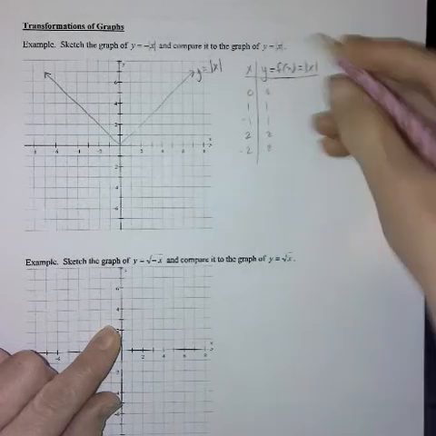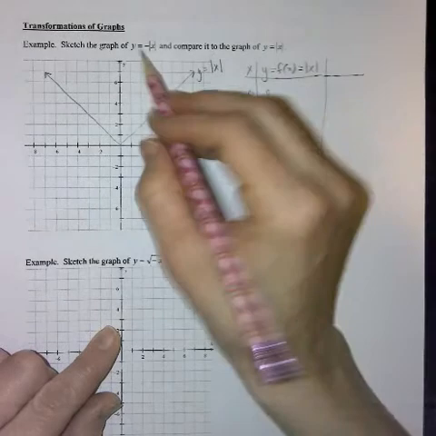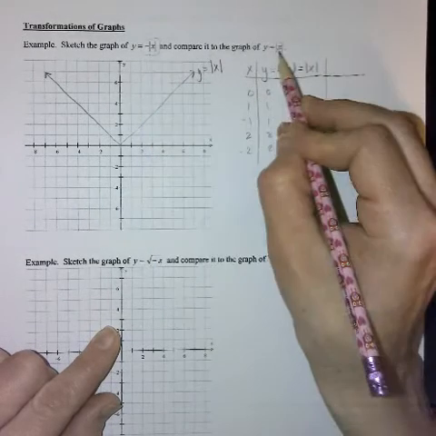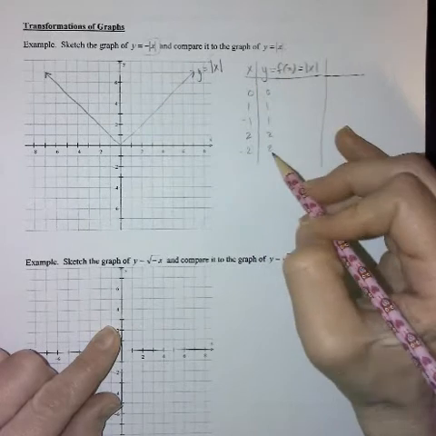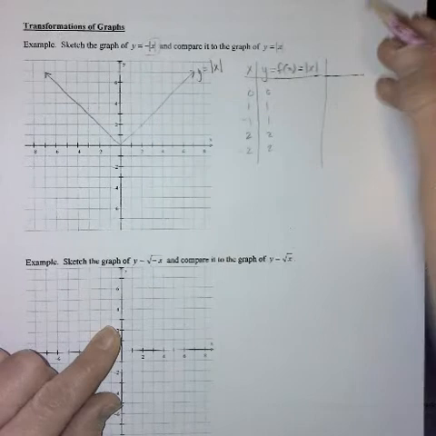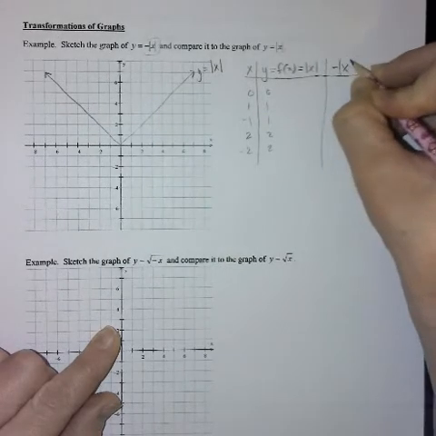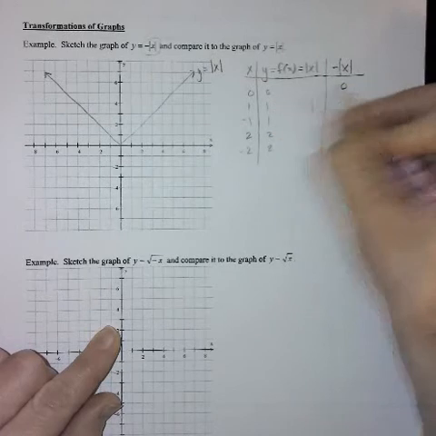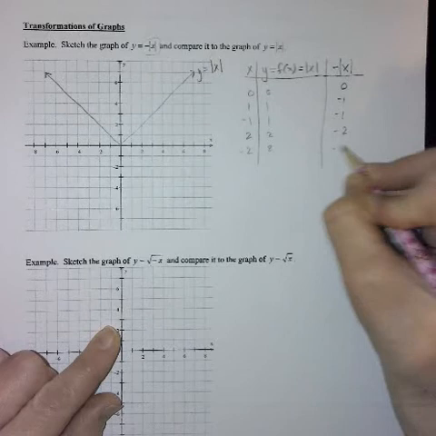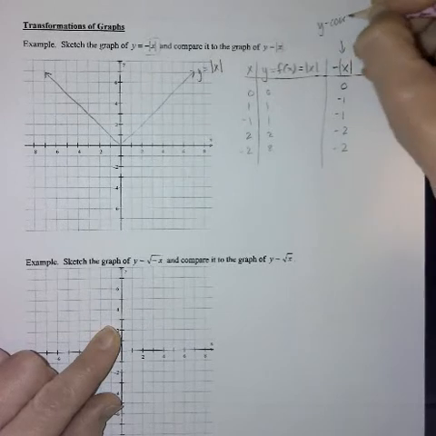I'm not always going to do the table here, but what I want to show you is that the only thing extra that this does is change the sign of all of these outputs. If you have the absolute value of x, now you're just going to change the sign. So I'm just going to write this as negative absolute value of x. And so you still get 0. Now it's negative 1, negative 1, negative 2, etc. And so the y coordinates change sign.